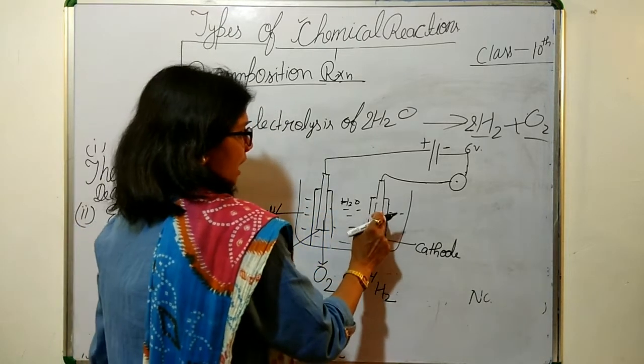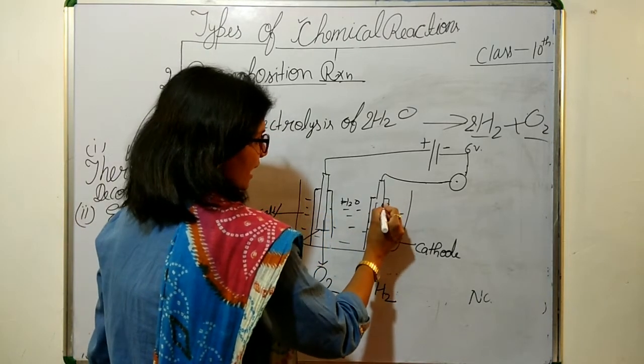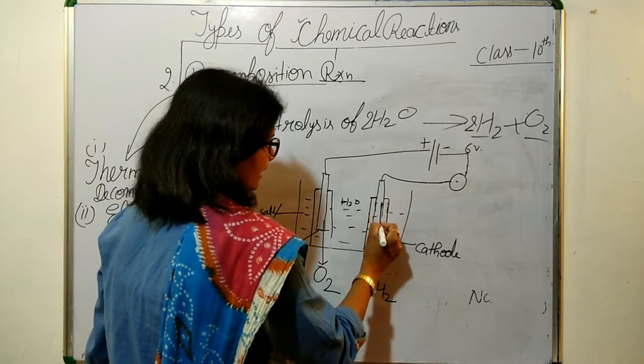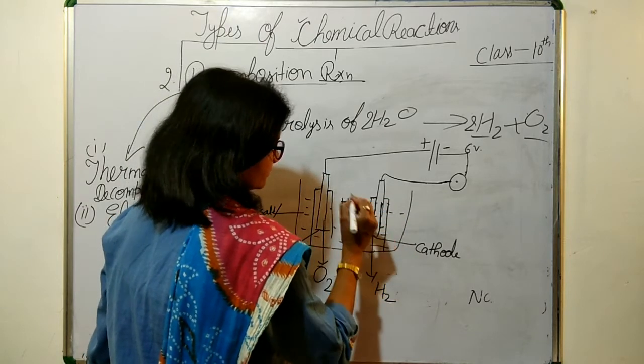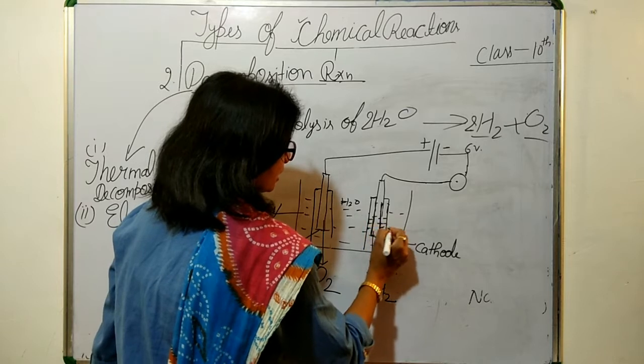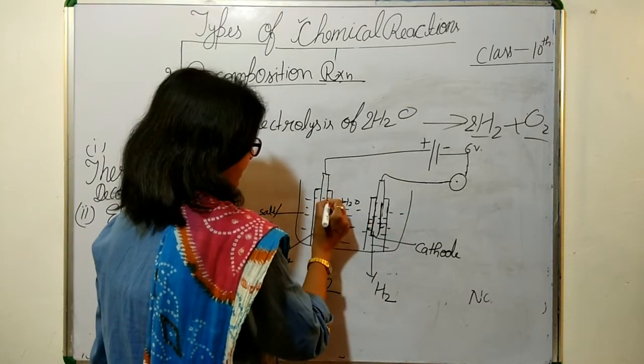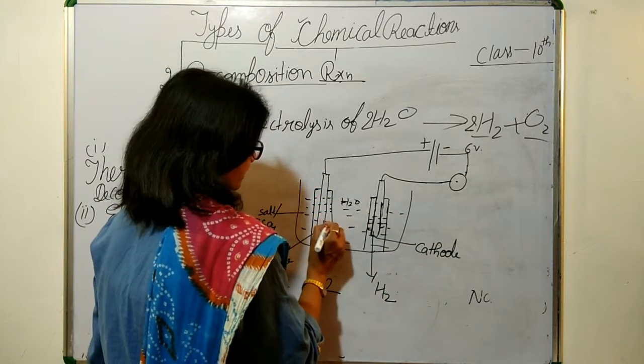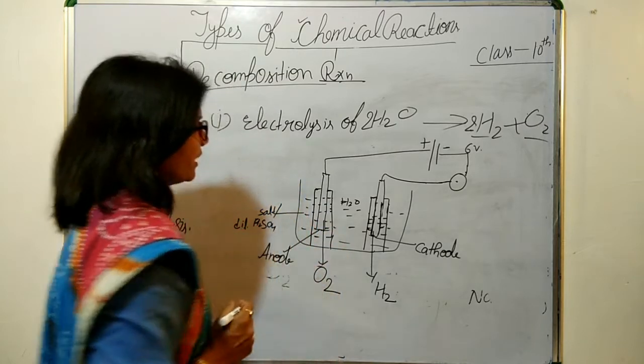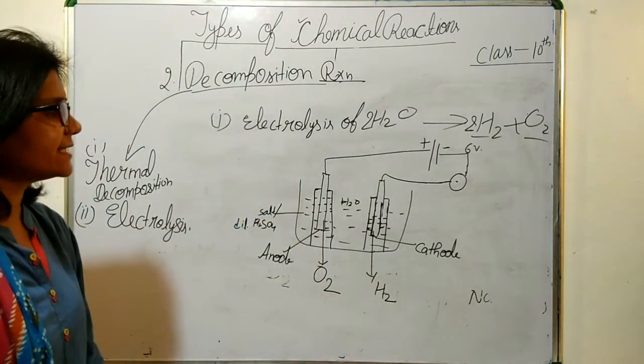Where is the hydrogen released? The level of water is low here, and here the level of water is high. We can find this out in the case of oxygen. Why is it so?